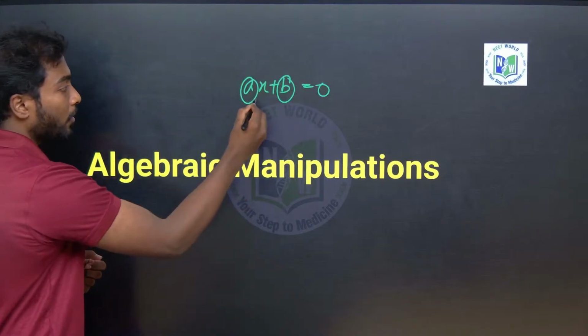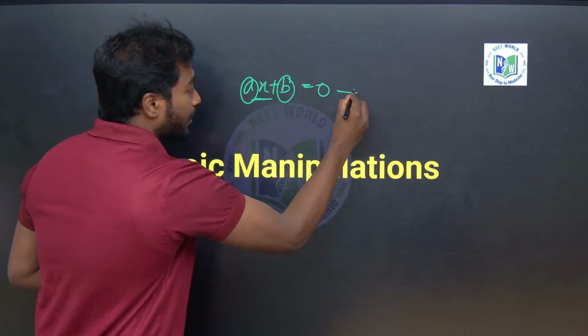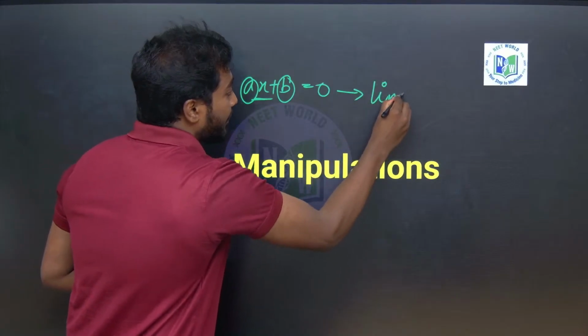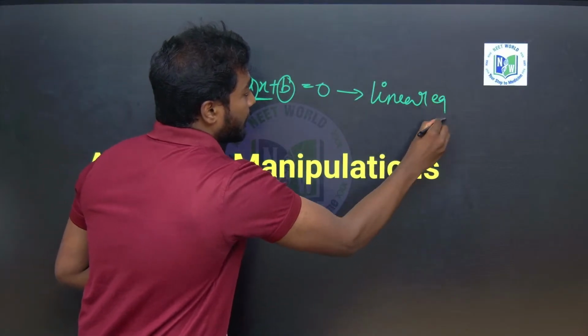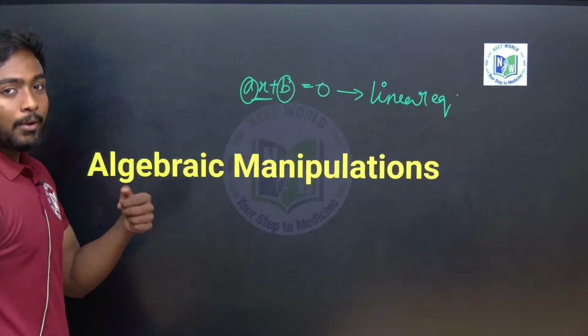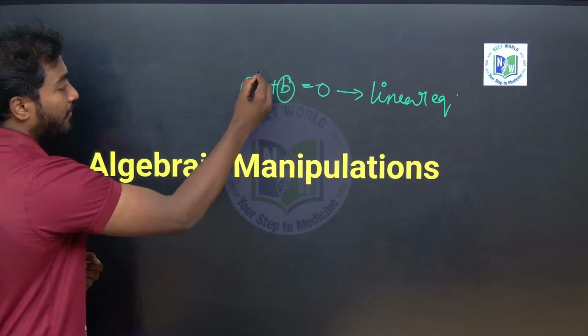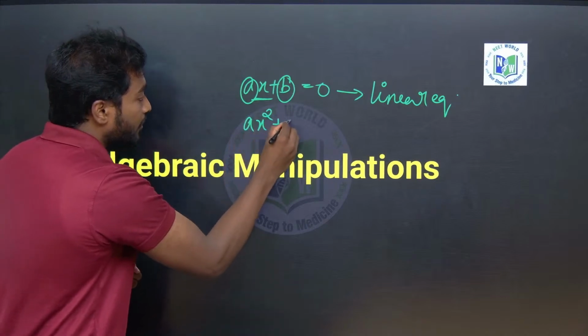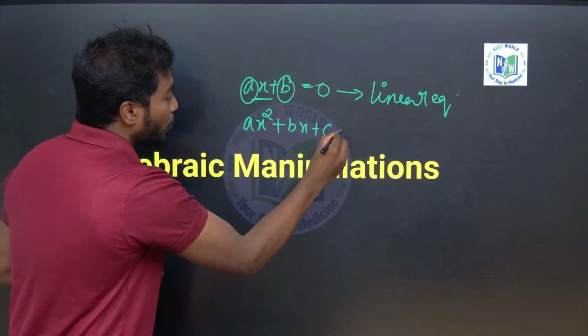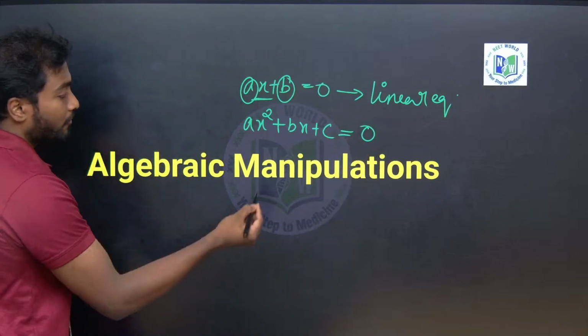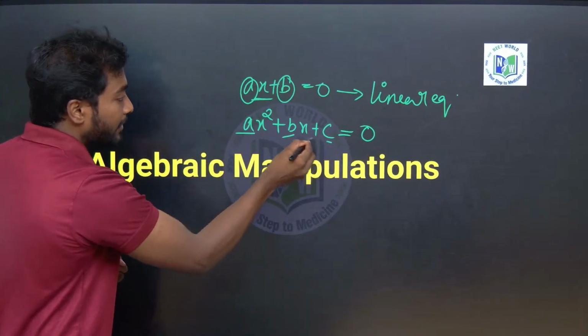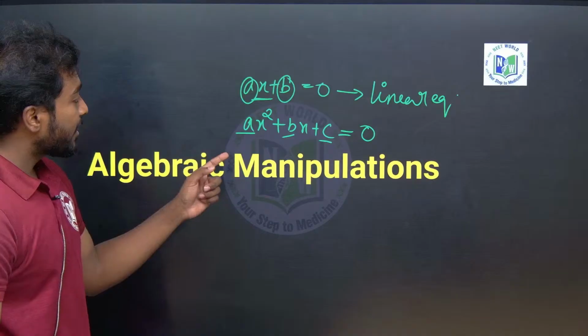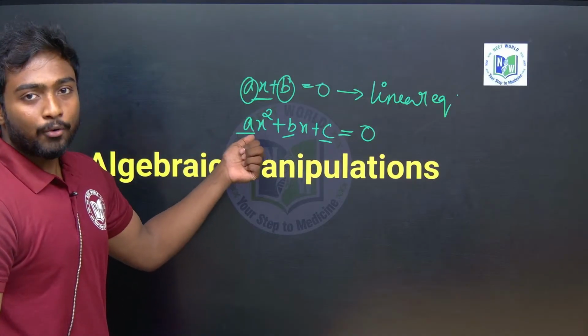I need to find what is x. This I will call a linear equation. If I talk about the quadratic equation, the power will be 2. So, ax square plus bx plus c is equal to 0, where a, b, c are constants. In this case I need to find the value of x.